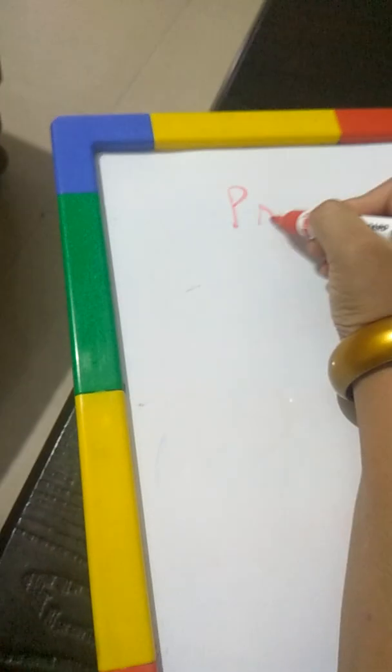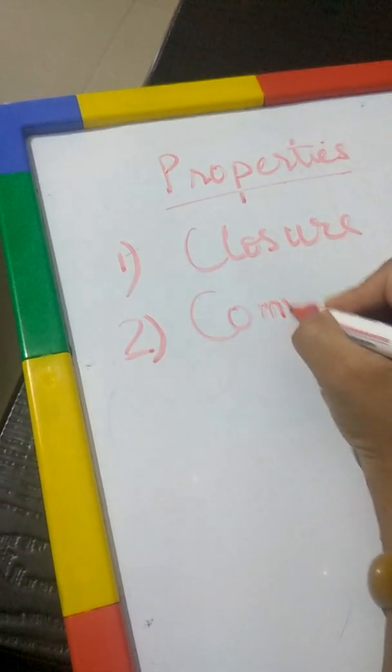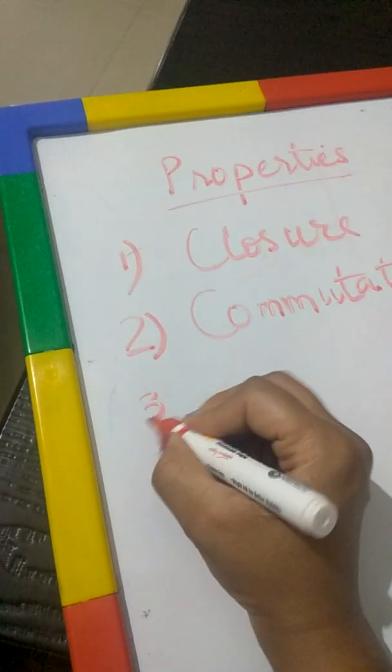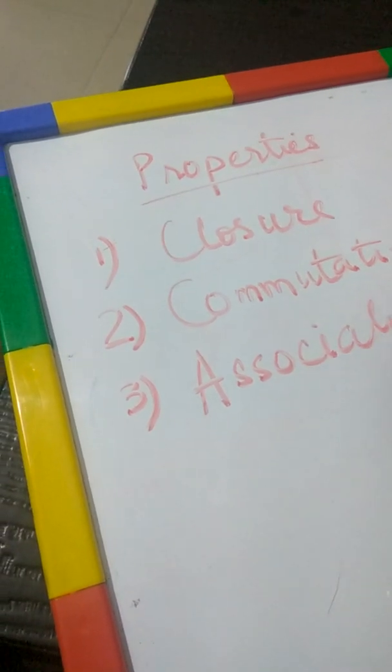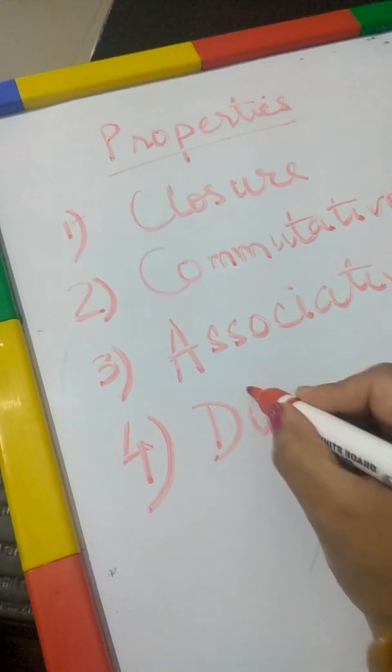Now, I shall sum up all the properties that we have studied in general form. So, the properties of whole number is, first was the closure property, second was commutative property, third was your associative property, and fourth we have studied the distributive property.